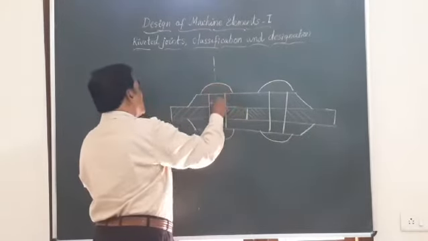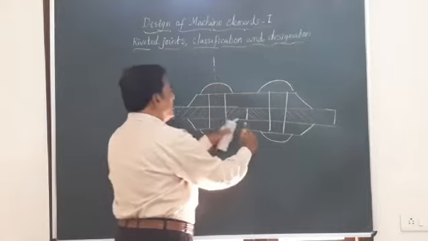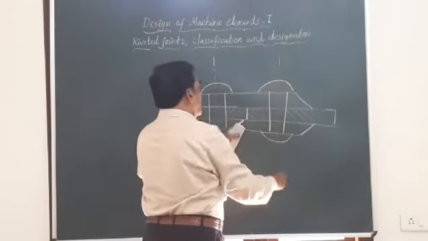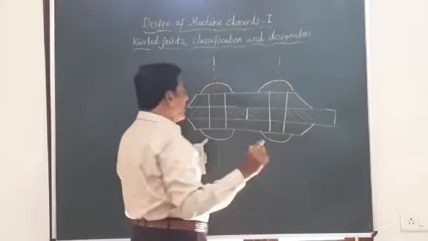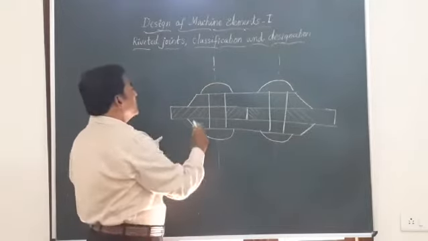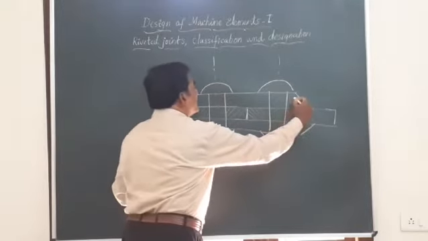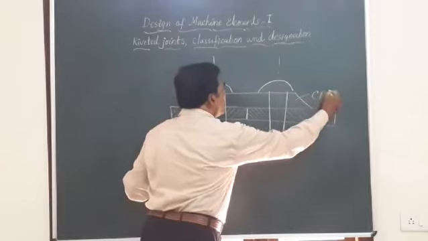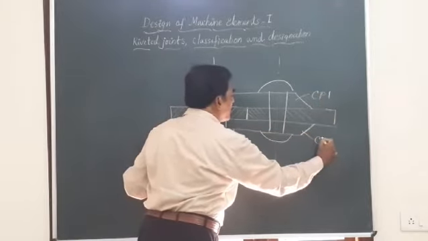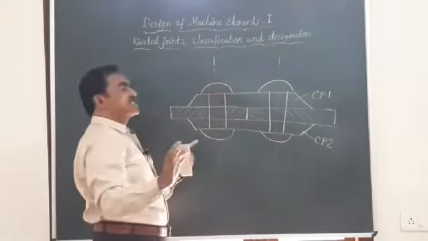That is, this is one row on plate number 1, this is one row on plate number 2. But we have made this using two cover plates. This is cover plate CP1 and this is cover plate 2, or butt strap 2.